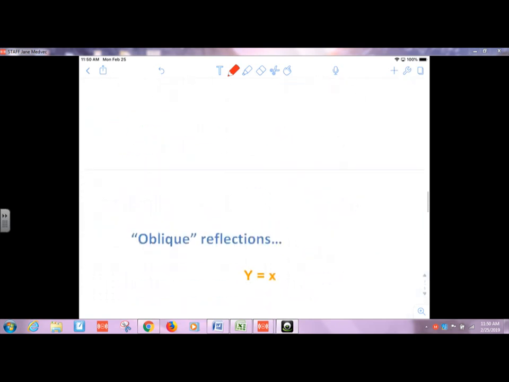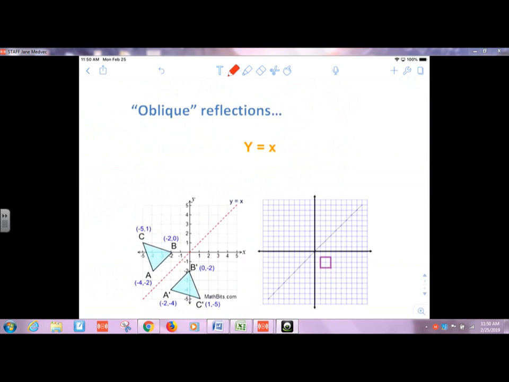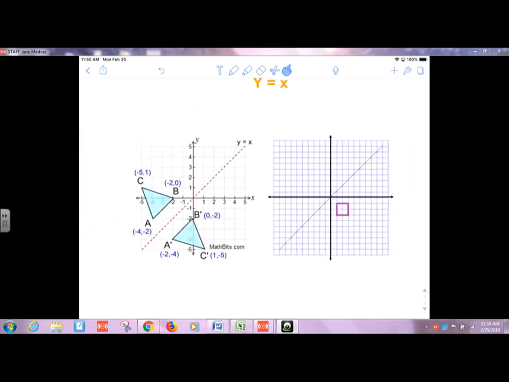Right? An oblique reflection, all that is like Y equals X, or there's another one too. When you look at the line Y equals X, all that means is that this line goes like that.